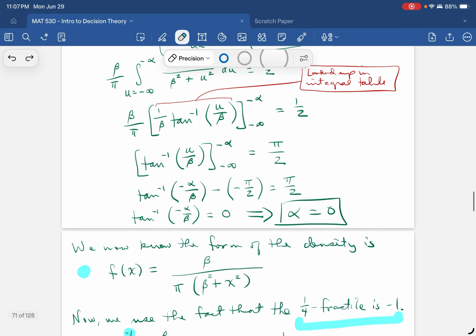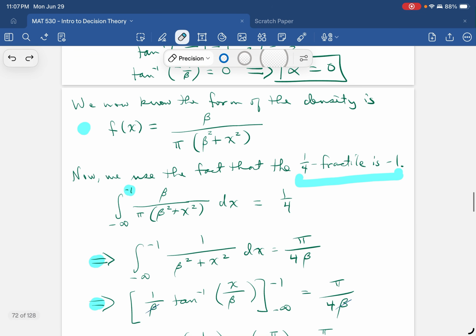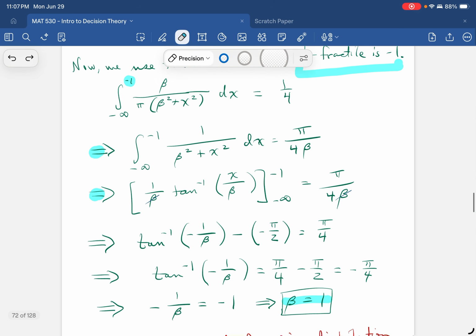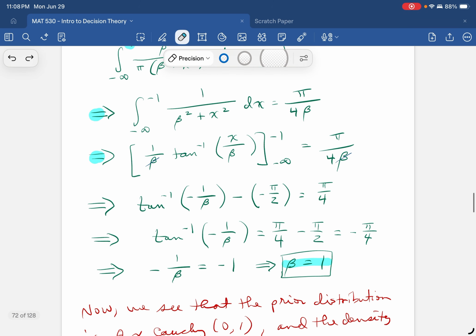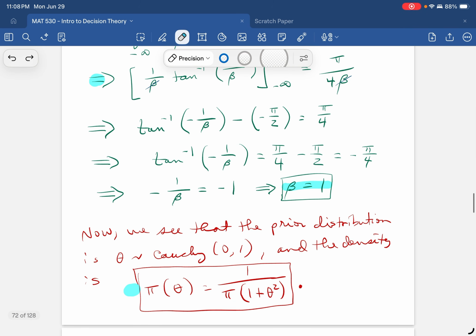So now we just need to integrate this function from -infinity to -1, and since that should be the 1/4 fractile, that should be equal to 1/4. And then from there we solve for beta, and again more practice with integration, and you get beta equal to 1. So if we choose our theta from the Cauchy family, according to those two conditions, those two fractiles that we saw earlier, then it needs to be this Cauchy 0, 1 distribution.